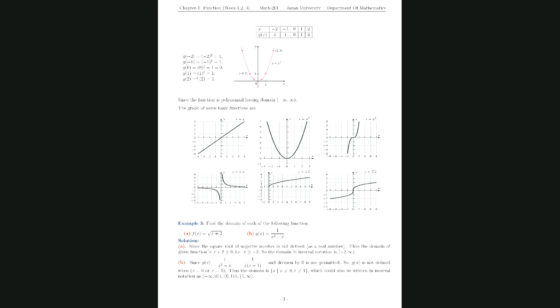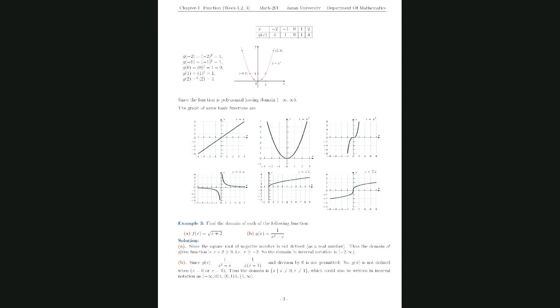If there is a square root, see what is written here: the square root of a negative number is not defined as a real number. Therefore, the domain of the given function is, see what to do here.